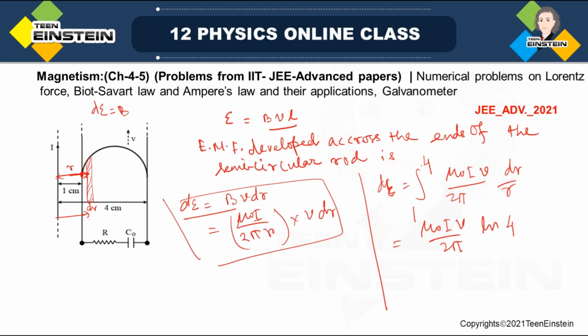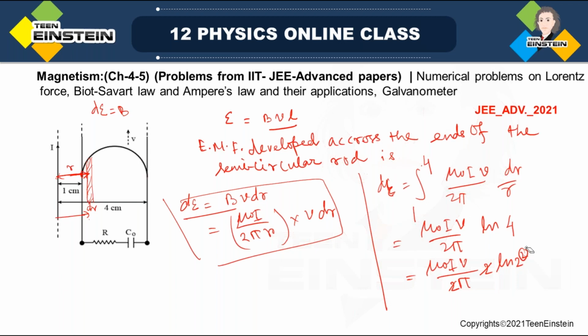So ln 4, this 4 can be written as 2 squared, and the 2 can come here. That 2 and this 2 cancel each other.